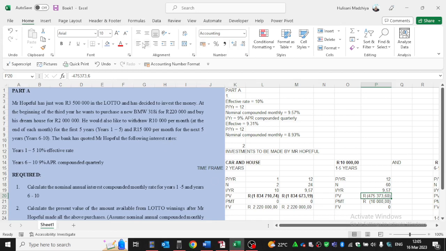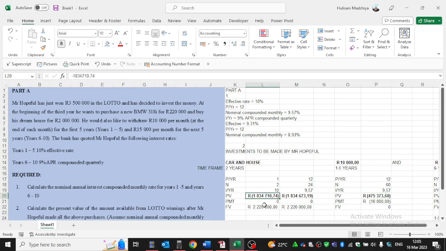So for him to be able to withdraw 10,000 on a monthly basis from year 1 to 5, he needs to have a current investment of 475,373 on top of the investment of 1,834,710 to be able to achieve also a withdrawal of 10,000.